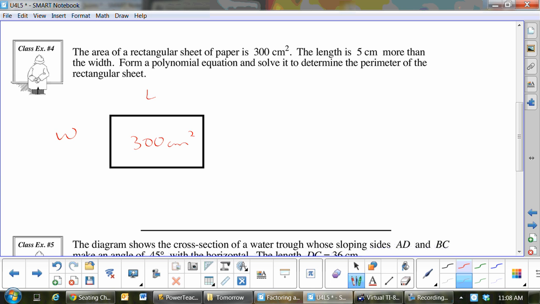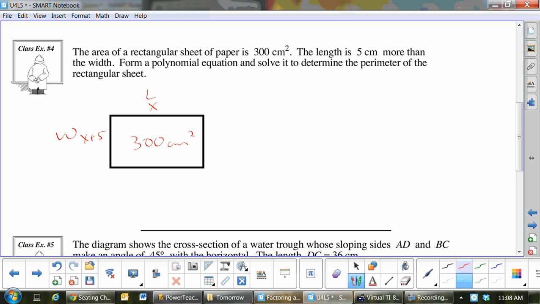Okay? Now, which one would you call x? Length? Okay. Because it wouldn't make sense to do this, would it? Because wouldn't we expect the longer one to be the plus 5?